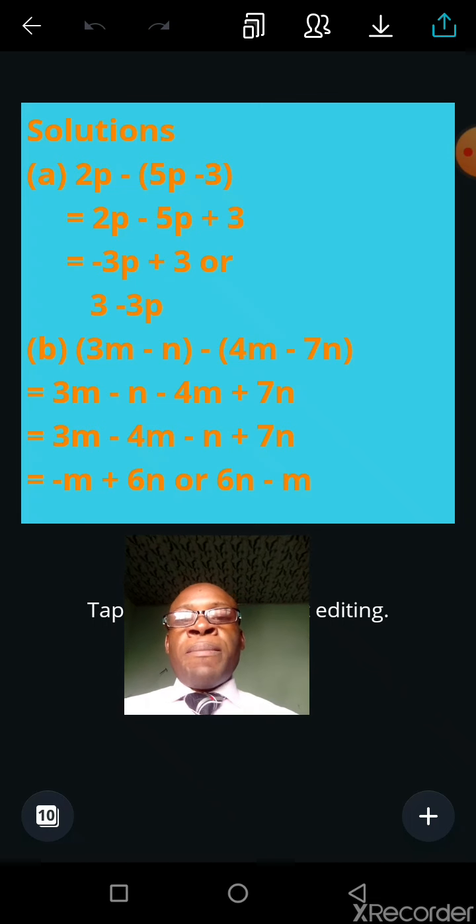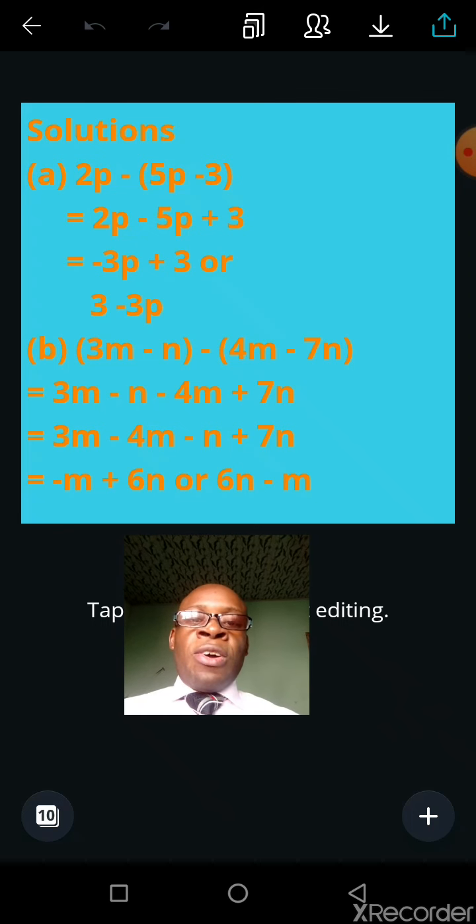B. Bracket open 3m minus 9n bracket close minus bracket open 4m minus 7n bracket close equals 3m minus 9n. Then you now remove the bracket. In the second bracket, we have minus times 4m will give us minus 4m, minus times minus 7n will give us plus 7n. Equals 3m minus 4m, because if you collect them together, you have 3m minus 4m minus 9n plus 7n.